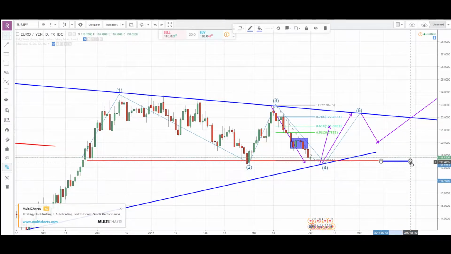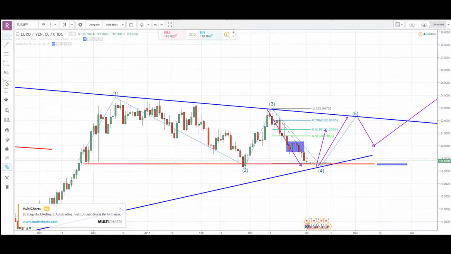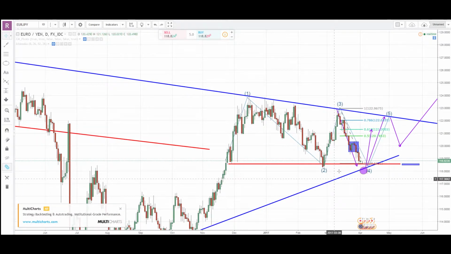It's kind of an aggressive trade because it's too high for me. We should maybe wait for a touch right here. But even here should be good.